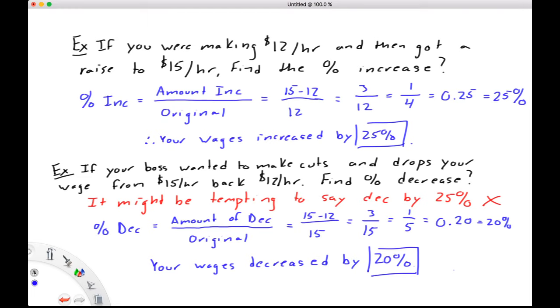I know that feels weird because it feels like you're just doing the opposite. But increasing by 25% and then decreasing by 25% would mean different things, because you're always comparing it to the starting amount. And so we get 25 and 20.